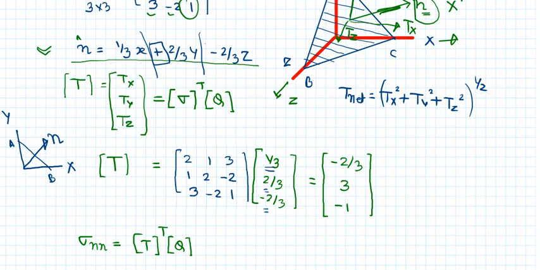Now this is indicating the normal vector. Its x component is referred by this 1 by 3. Similarly its y component is referred by 2 by 3, and if it is in the three dimension case, then the z component will be referred by minus 2 by 3.